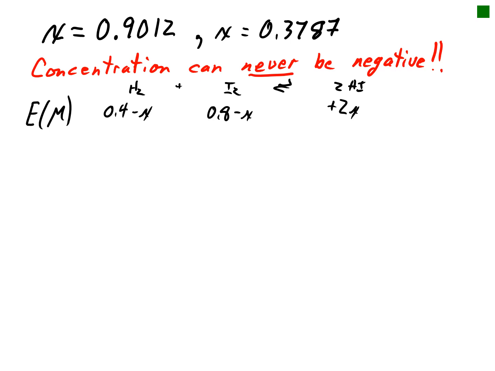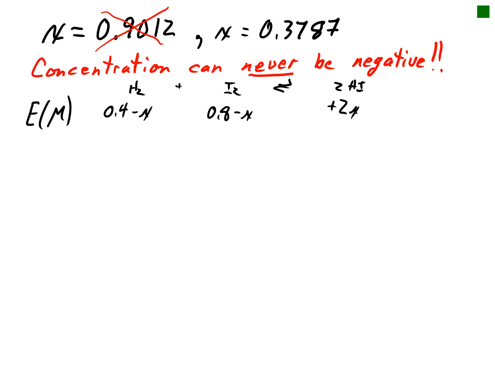Now when I look at these, if I take that first value of x and try to put it into either expression for H2 or I2, I will quickly realize that I will get a negative value for concentration, and so this one can't be used. Generally speaking, it's the large one that you can't use.